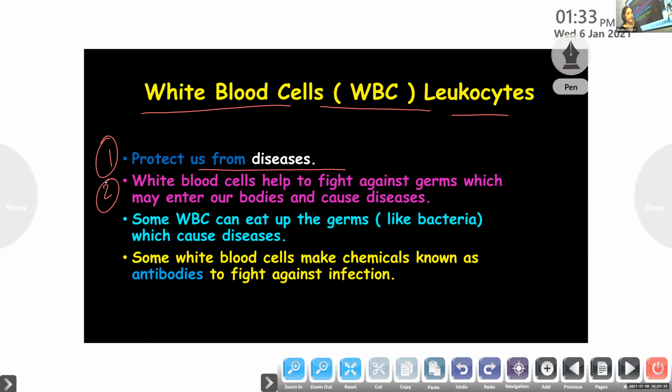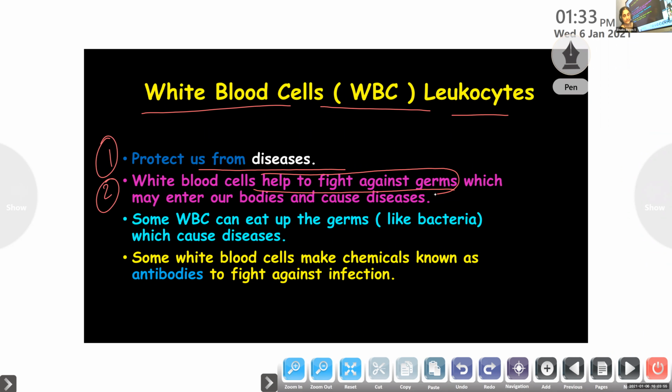What are they doing? White blood cells help to fight against germs which may enter our bodies and cause diseases. So the main point is to help fight against germs.